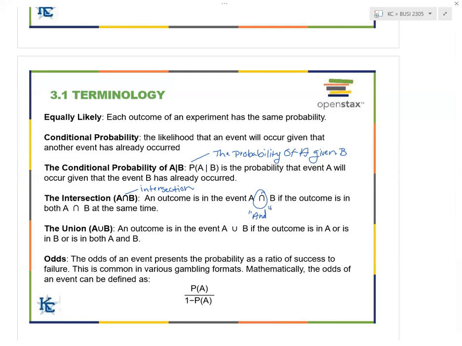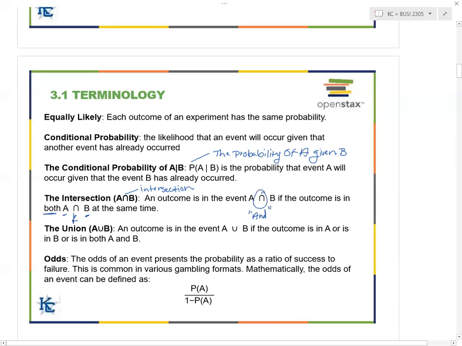Okay. So what that means is that for something to be in the intersection, it has to be both in A and B, because again, that means the word and.